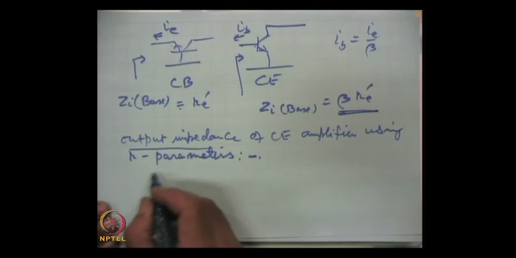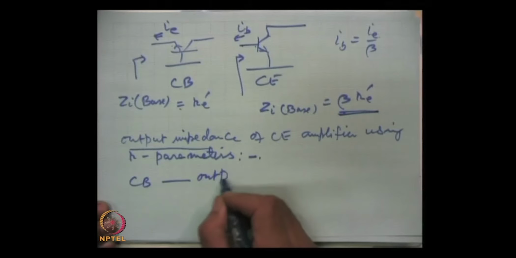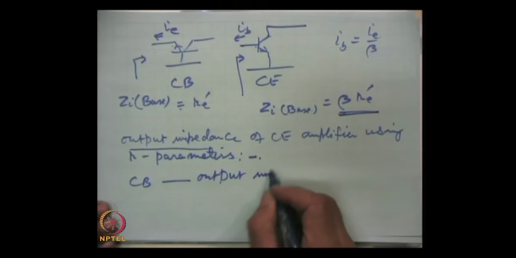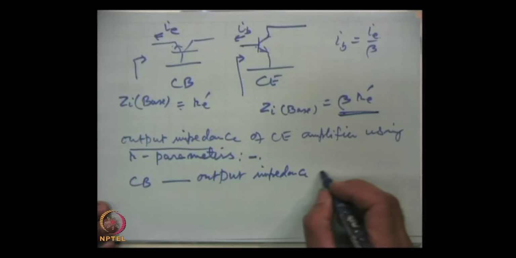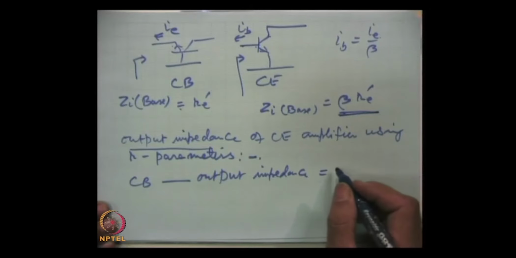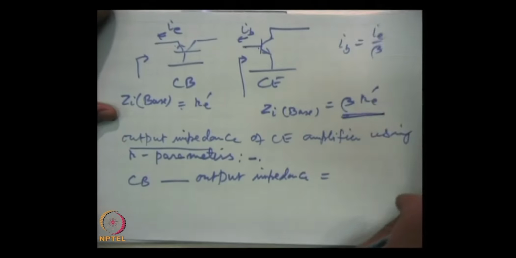Similarly, in the CB case the output impedance is equal to what the collector effectively sees. If you remember the common base circuit, here I just draw a part of it.